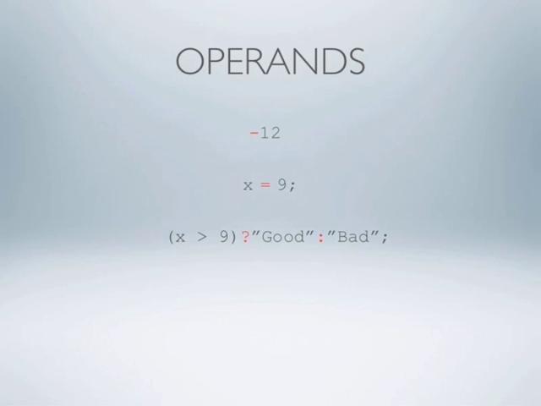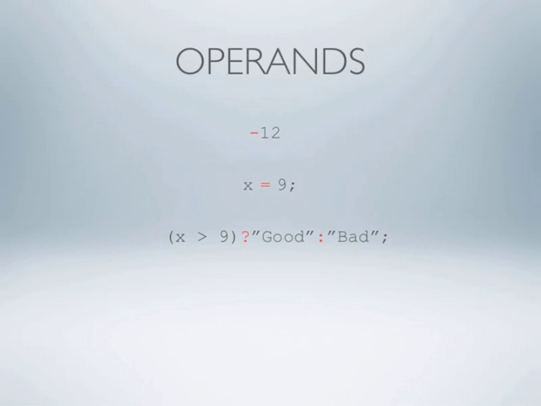I've highlighted the operators here in red, but something I wanted to point out before we talk about the operators themselves is that each one of these expressions involves something more than just the operator itself. The -12 expression, for example, has a negative sign, which is an operator, but it also has the number 12 in there. These things that are involved with the operators are called operands.